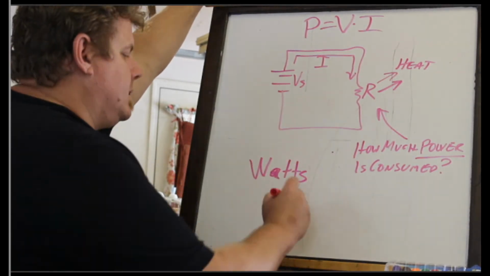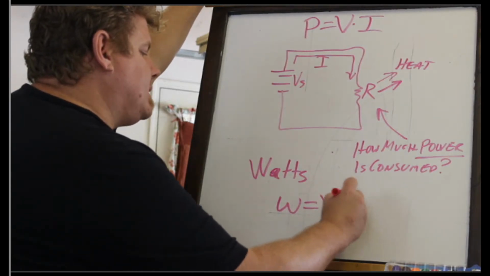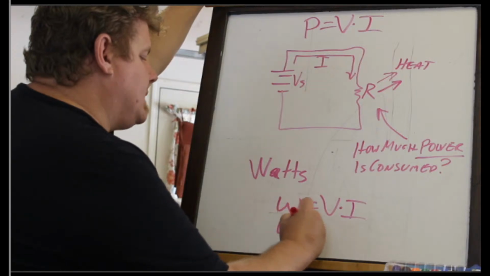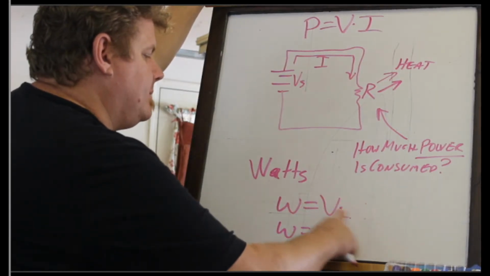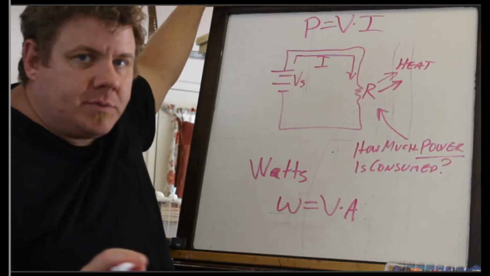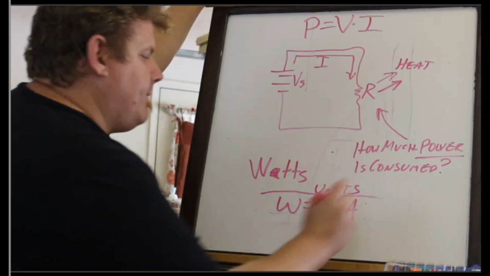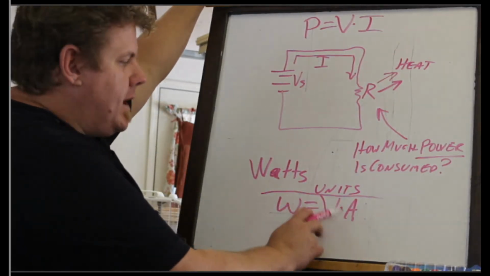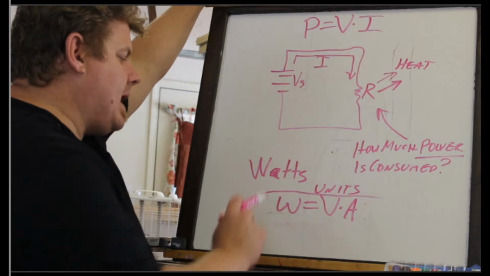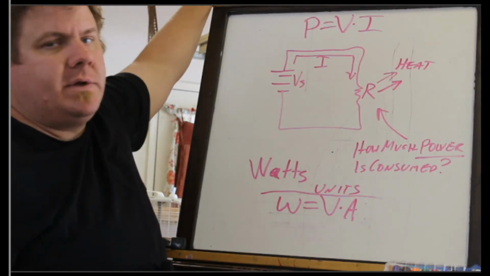Okay? So watts equals volts times current, or watts equals volts times amps, if you just wanted to look at the units. Okay? So if you know how much voltage there is, if you know how many amps there are, then you can figure out how much power consumption there is in a given component or a given circuit.